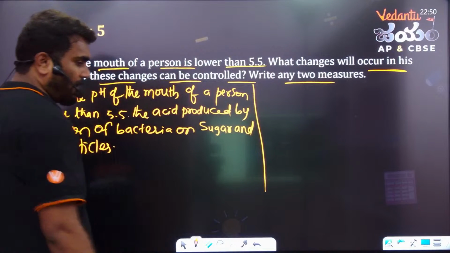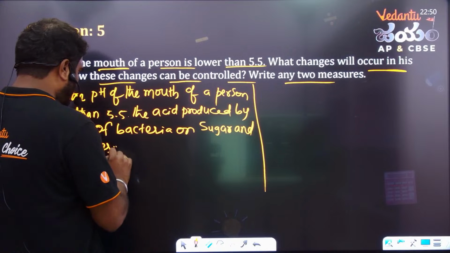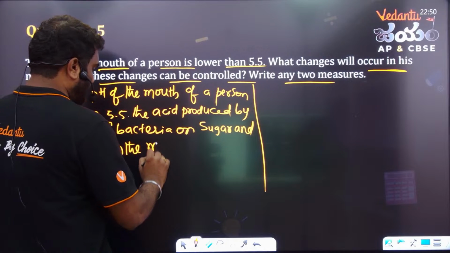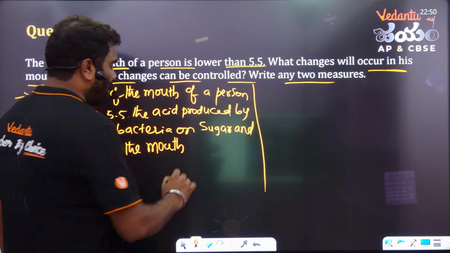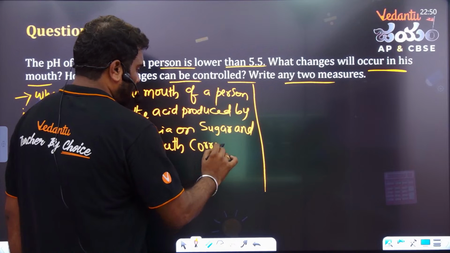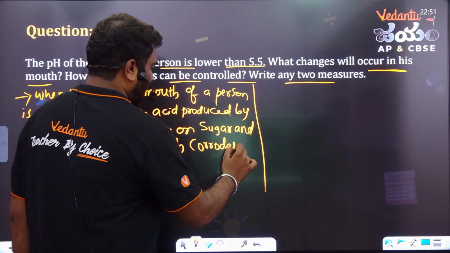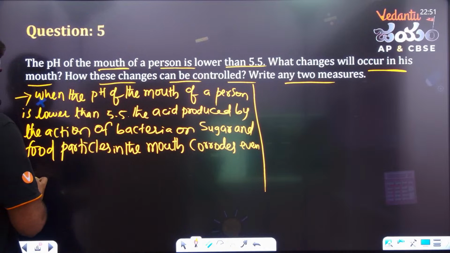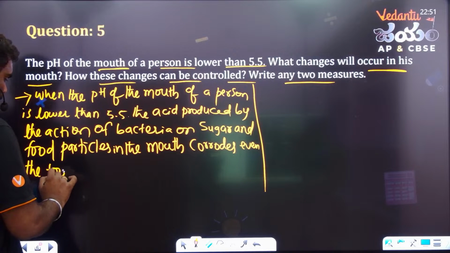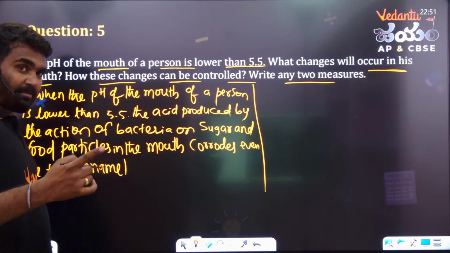So it has reacted with food particles, so what happens in the mouth? Okay, so what will happen, beta? It corrodes even the tooth enamel. It is made up of what, beta? Calcium phosphate.